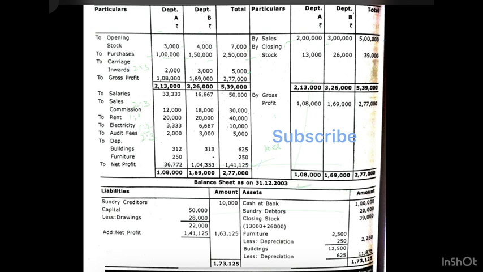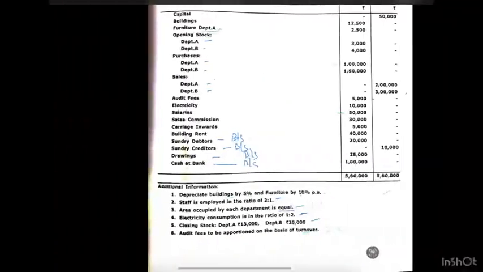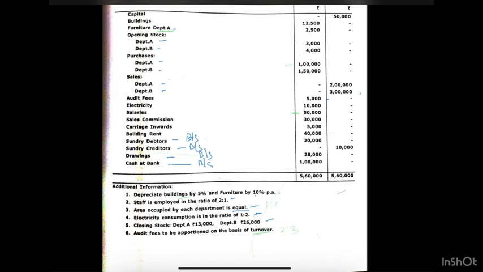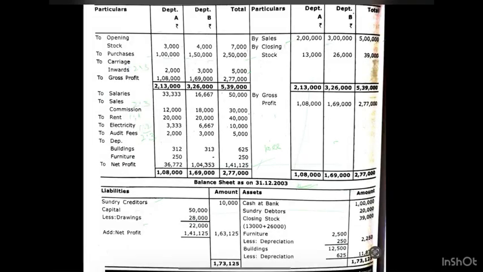For that we are going to prepare the balance sheet. On the liabilities side, sundry creditors are given in the problem, and capital less drawings. Look at here, they have given drawings of 28,000 to be taken. So capital 50,000, drawings 28,000: 50,000 minus 28,000, and this net profit we have derived is added here.